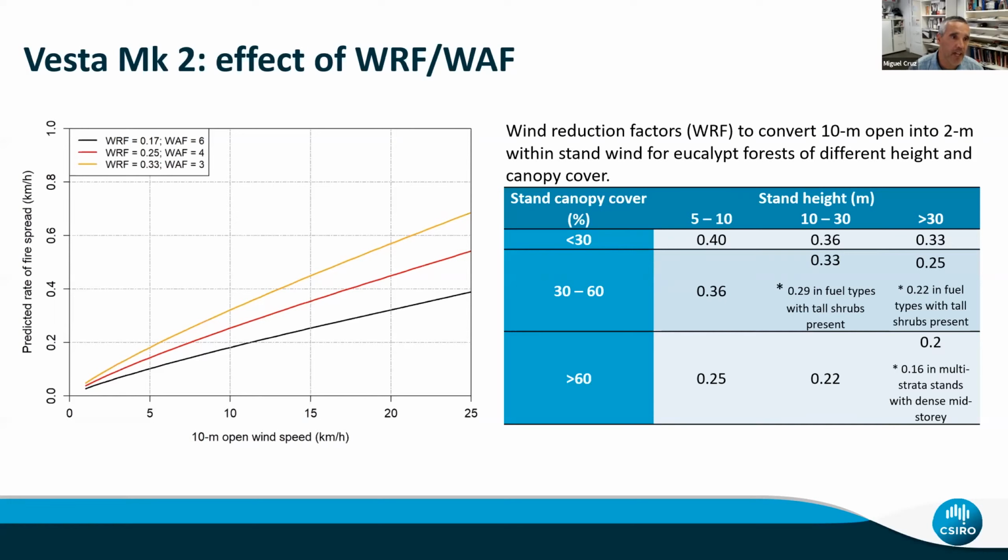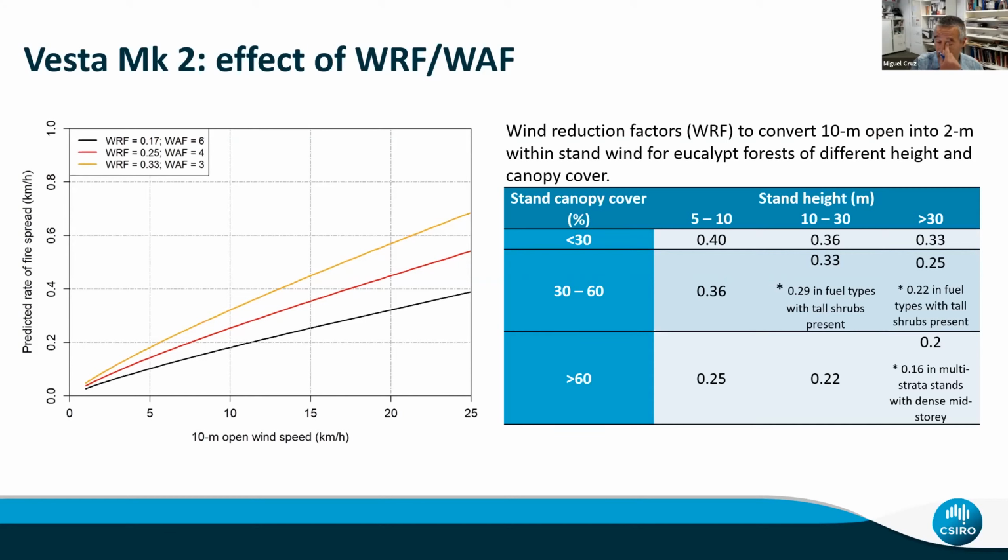As you go to different fuel types with higher productivity, taller forest, more dense forest, we expect further reduction in the understory wind. So we have higher wind adjustment factors. You start to see how the model responds to that and starts to predict lower and lower rates of spread for the same burning conditions.